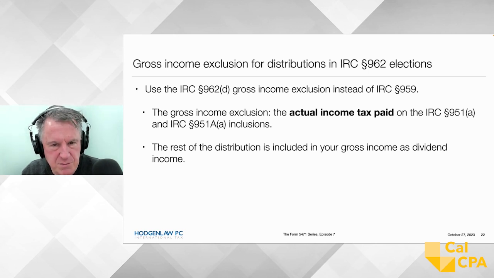So it's going to be a much, much smaller number. And the rest of the distribution is going to be included in your gross income as dividend income. It will either be taxed as an ordinary dividend, or a qualified dividend, depending on where the corporation is and whether it can qualify as a qualified dividend from a foreign corporation.